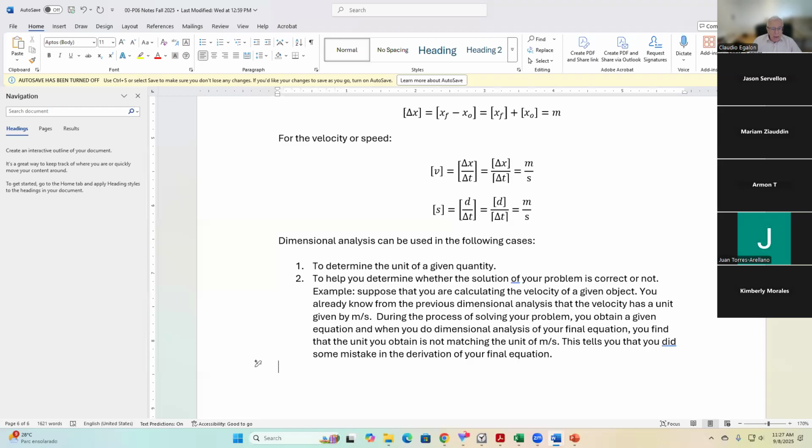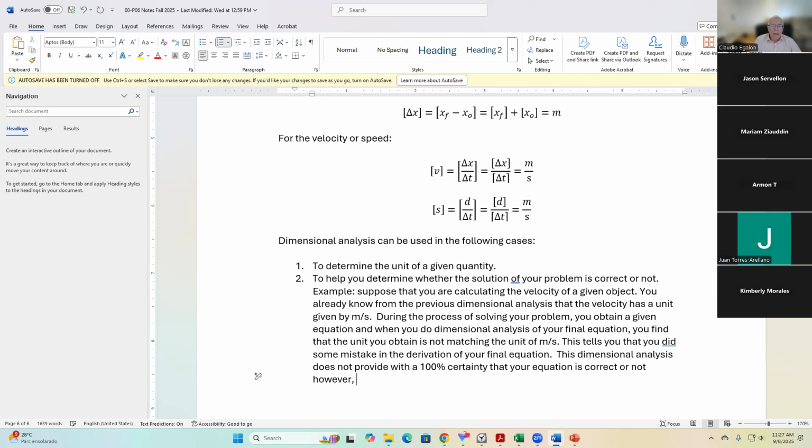Okay, this dimensional analysis does not provide 100% certainty that your equation is correct or not.